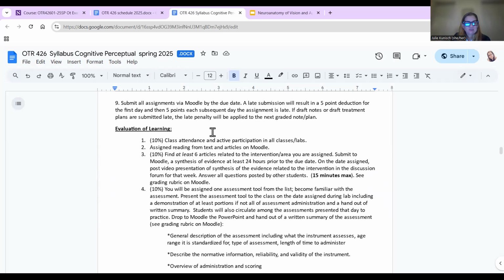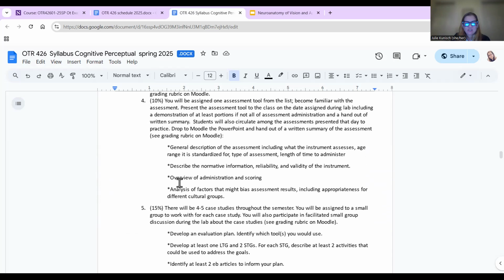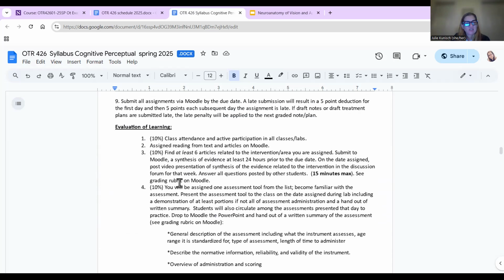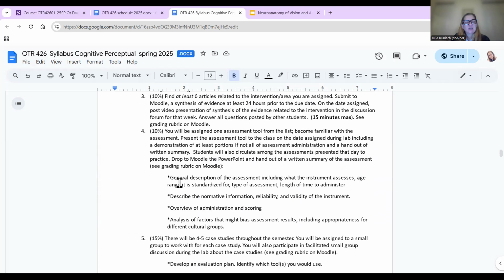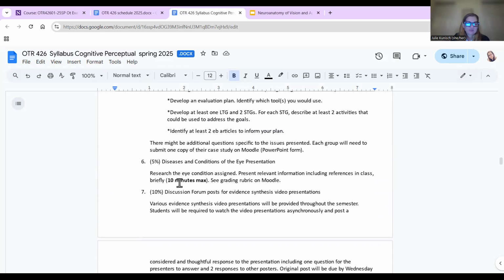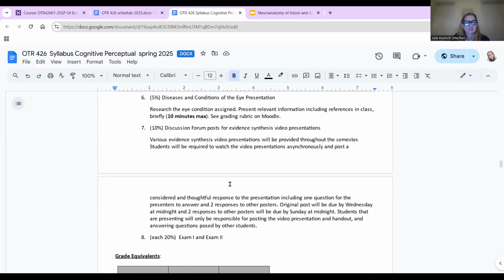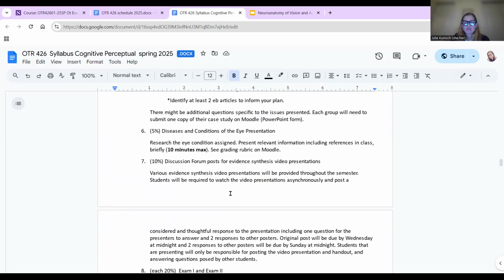Here are the percentages, with a little more description for each assignment that we just talked about. The percentages are all set in Moodle as well. Each exam is 20%. The discussion forum posts that you are posting on, not as a presenter, are worth 10%.